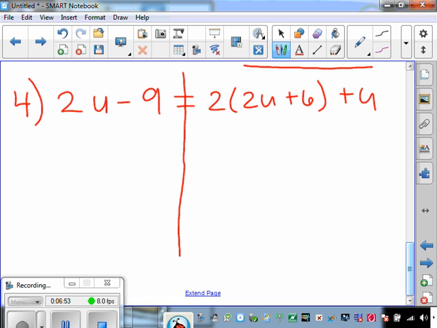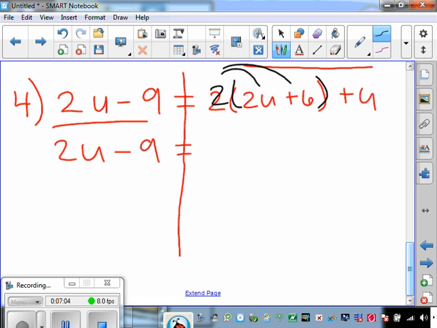This side is as simplified as it can get, 2u minus 9. Yes, I have distributive property. I have to do this side. 2 times 2u is 4u. And then 2 times 6 is positive 12. Then I have a plus here.